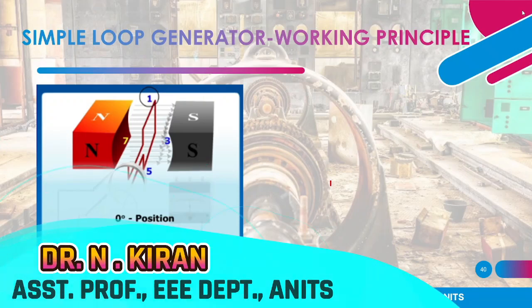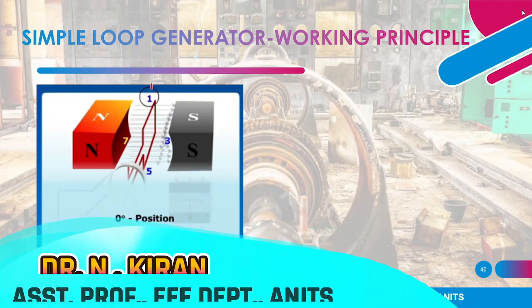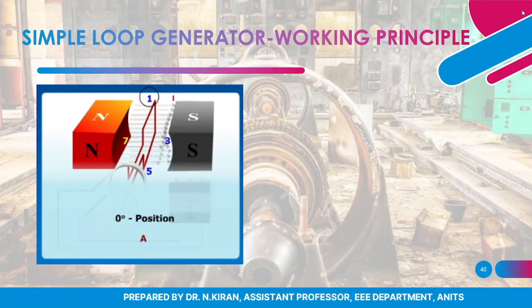So we are going to analyze positions 1, 3, 5 and 7. In all the 4 positions we are going to analyze my single loop. Mind you, remember that here I have one conductor and here I have one conductor.